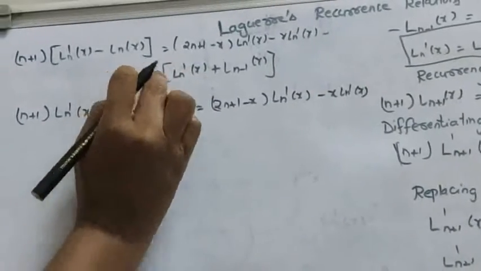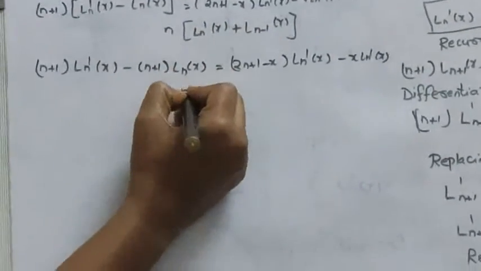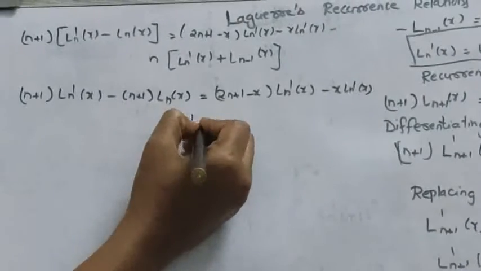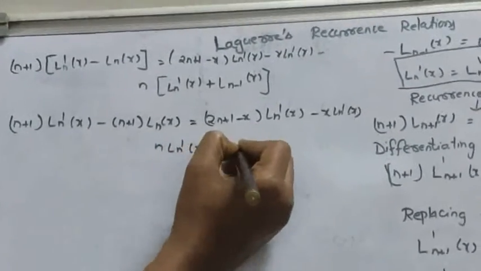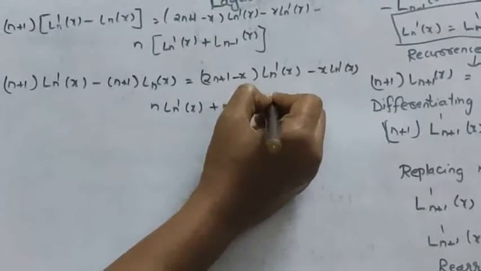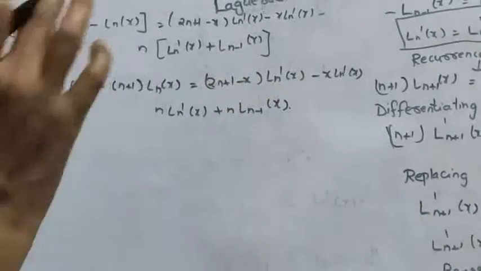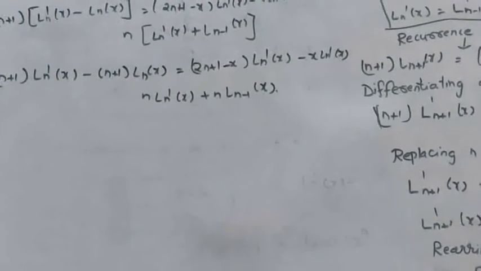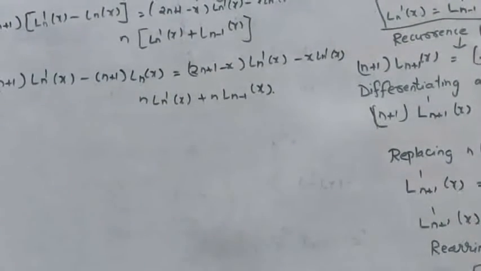Next you multiply n with this term and this term. n ln dash of x plus n ln minus 1 of x. Yes, by multiplying the terms we got this equation.